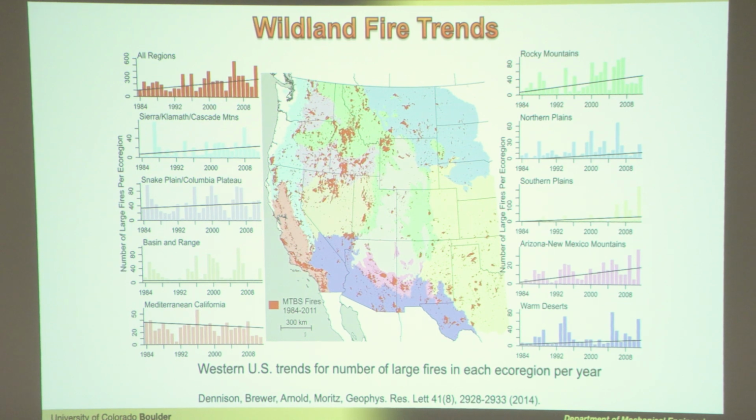Here is a map of trends for different regions. Some regions aren't seeing more wildfires; some regions are seeing more. The Rocky Mountains is where I tend to think about, and we definitely are seeing more fires, and they're bigger. It was just a year and a half ago that we had a big fire that wiped out 1,000 homes right outside of Boulder.